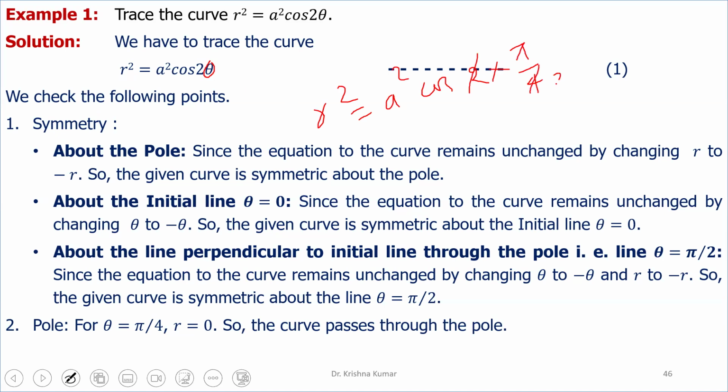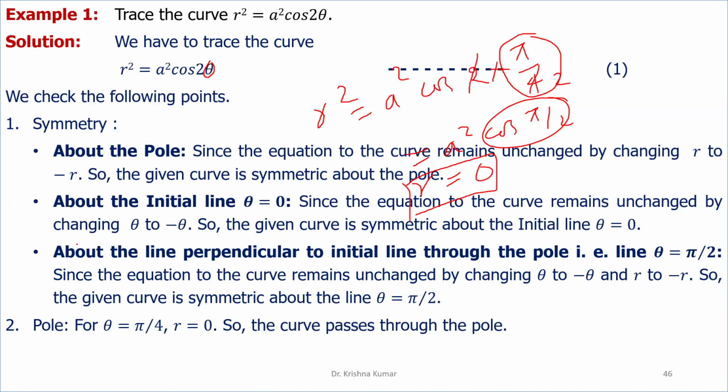So we are getting a square cos pi by 2, and cos pi by 2 is nothing but 0, right? So for theta equal to pi by 4, r is 0, so we say that the curve passes through the pole.